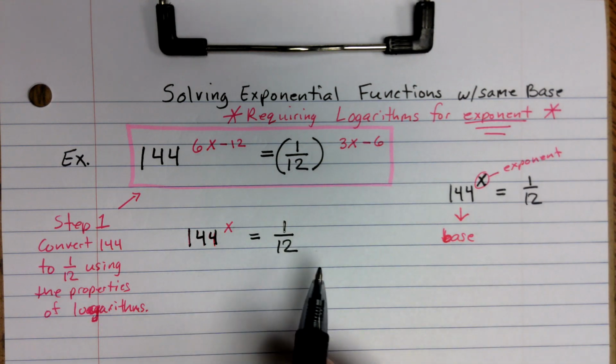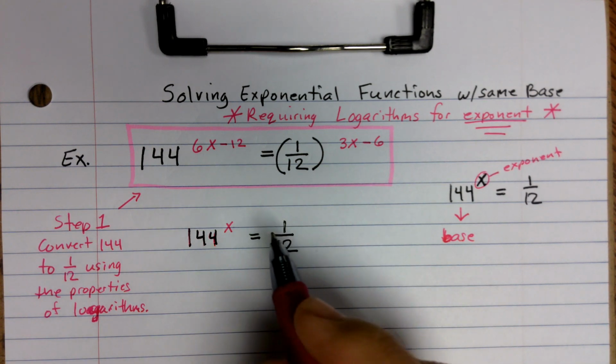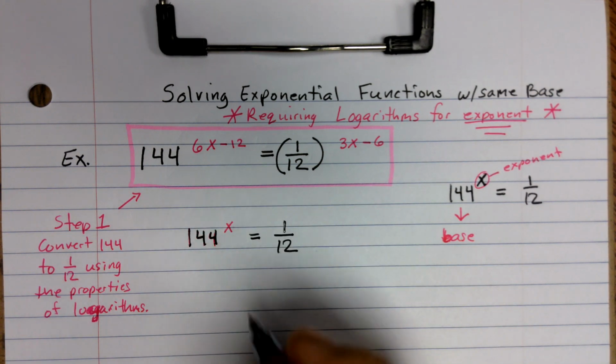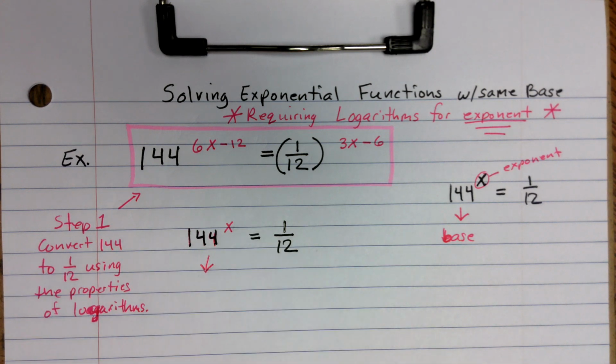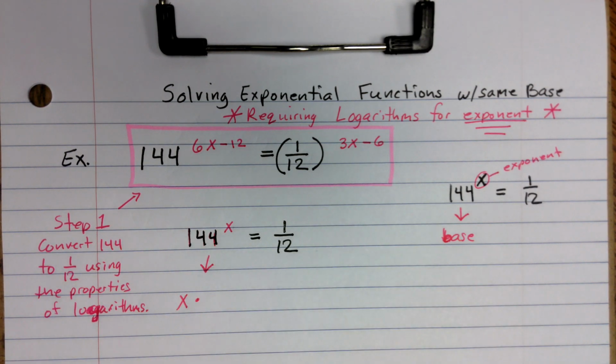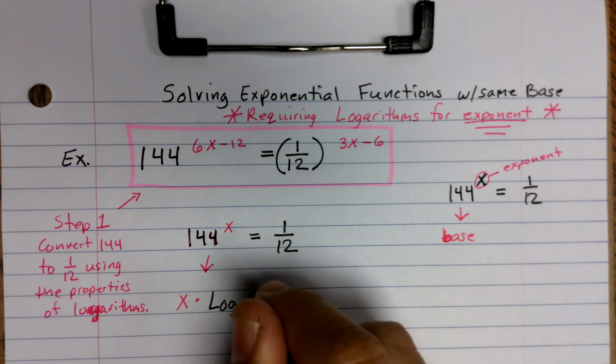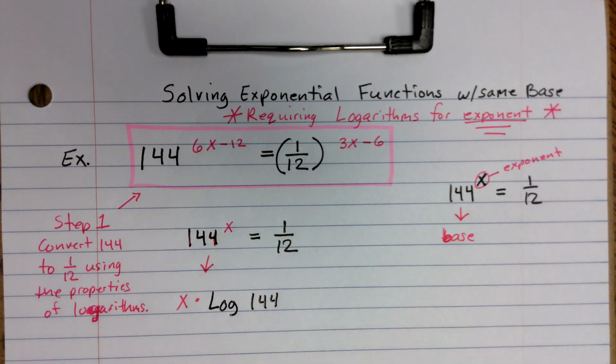Now I'm going to go ahead at this point and convert this to a log. So our logarithm rule says that anytime we have an exponent, we could actually rewrite this as x times a log of 144. So this is just me rewriting it, right?